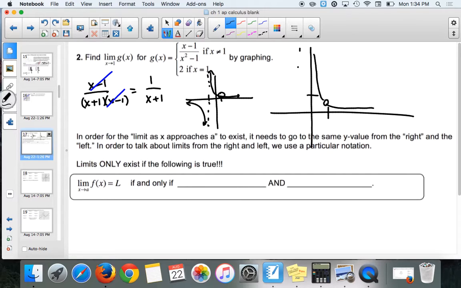I still forgot my asymptote, didn't I? So it's looking something like that. But at 1, we have a hole, except we also have the point 1, 2. Do you guys see how it says it's equal to 2 if x is equal to 1? So we have an open circle and a filled in circle.